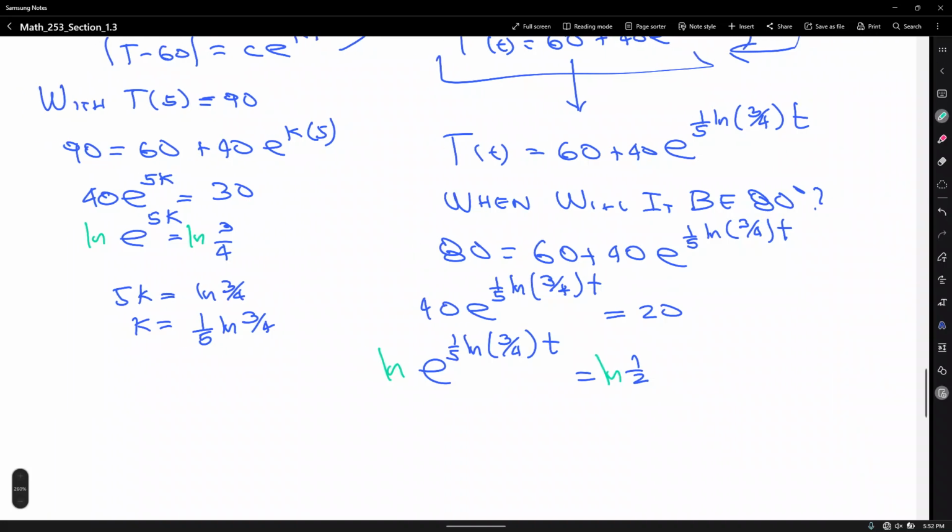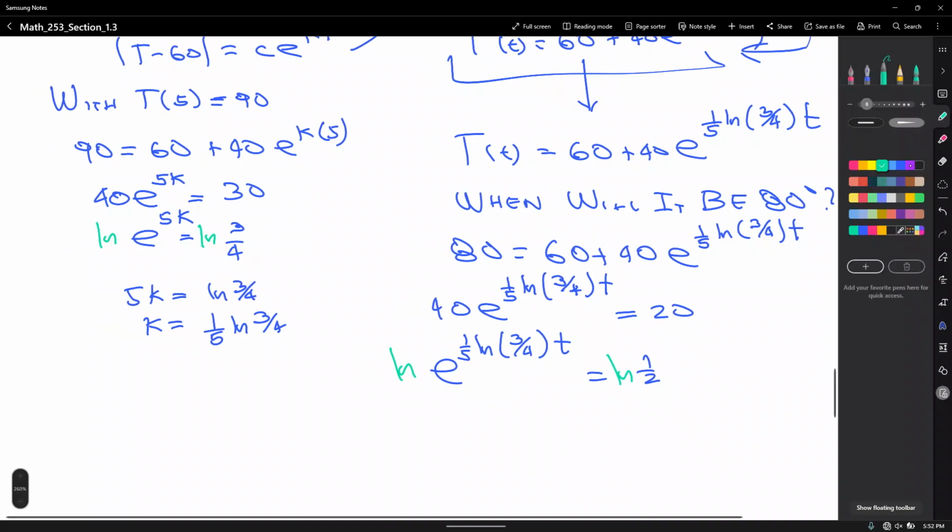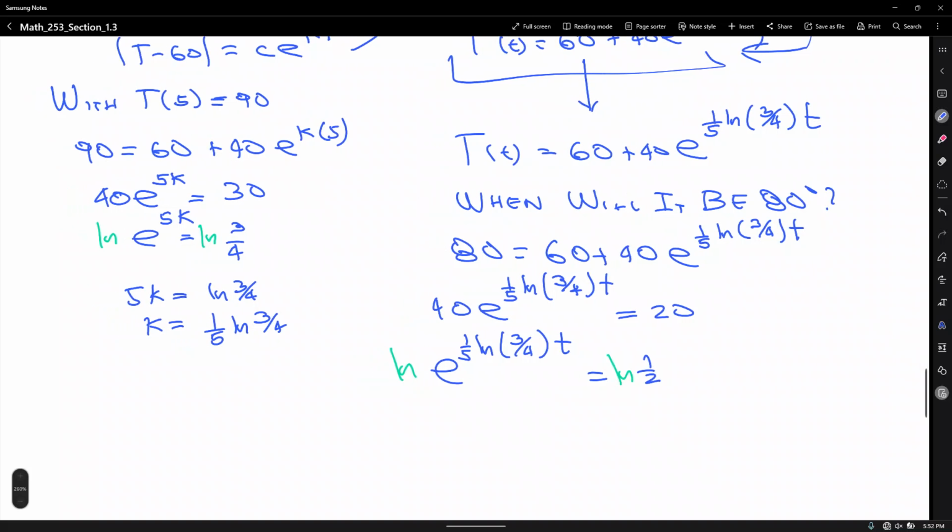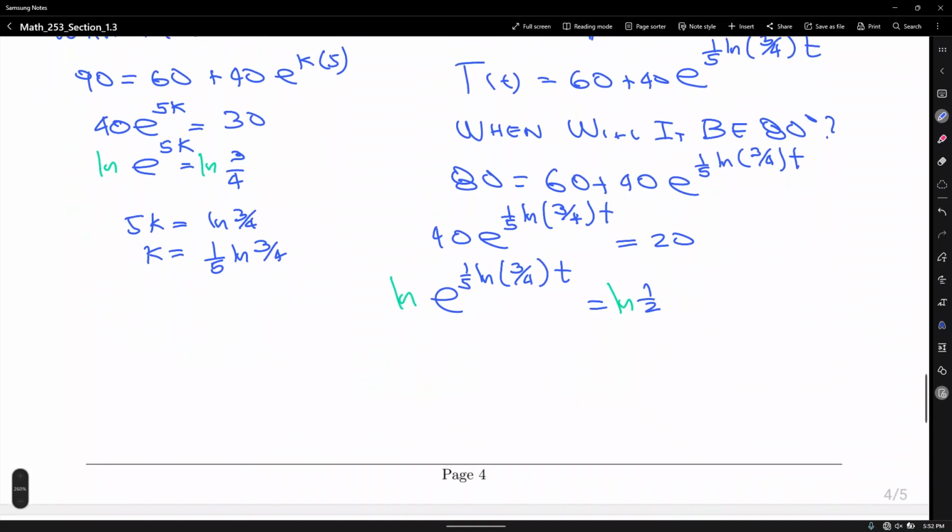Notice we're keeping everything in exact form. We are not getting anything approximate until the very end. So 1/5 ln of 3/4 t equals ln of 1/2.